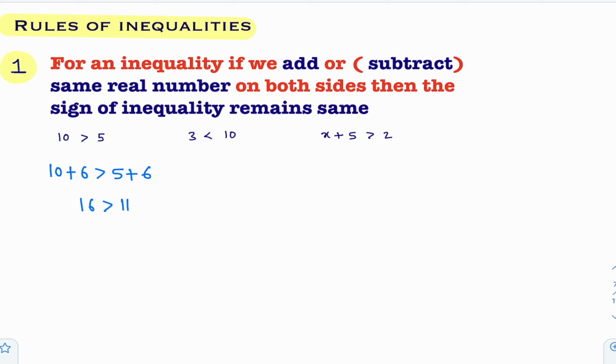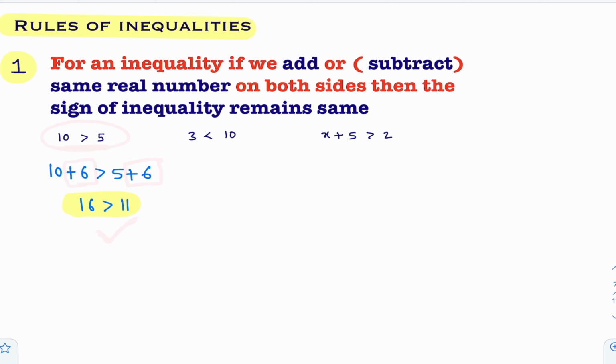Is 16 greater than 11? Yes, 16 is greater than 11. See, I took one true inequality between two real numbers. If you add the same real number on both sides, the inequality sign remains the same.